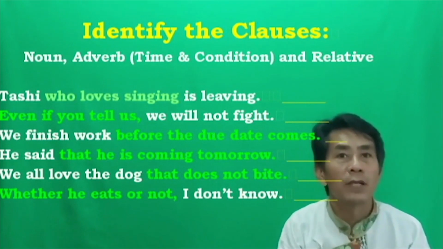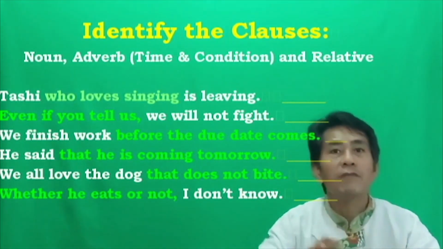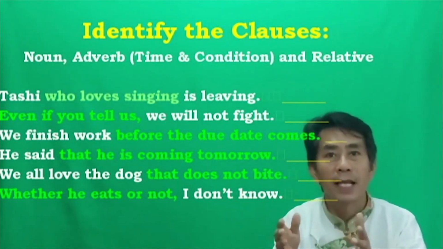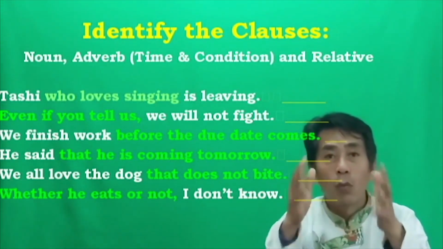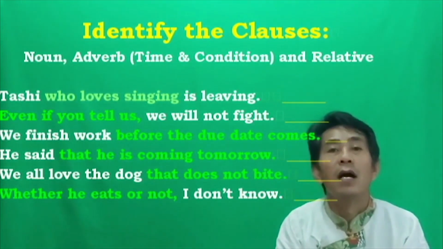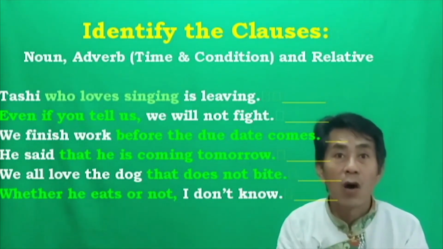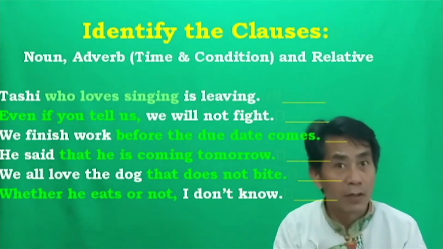For example, the first one, Tashi, who loves singing, is living. Tashi, who loves singing. Now, the one in the green color is the clause, and you have to identify whether this is a noun, adverb or relative clause.